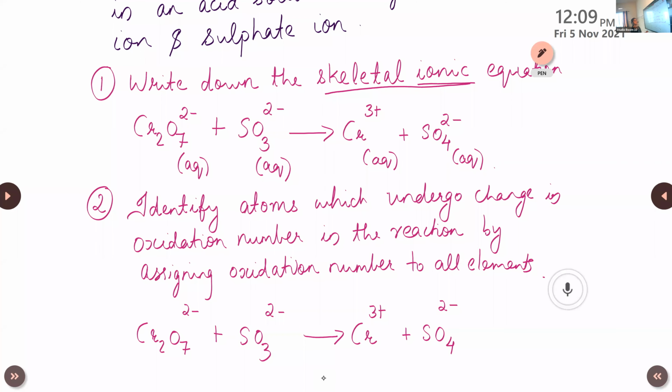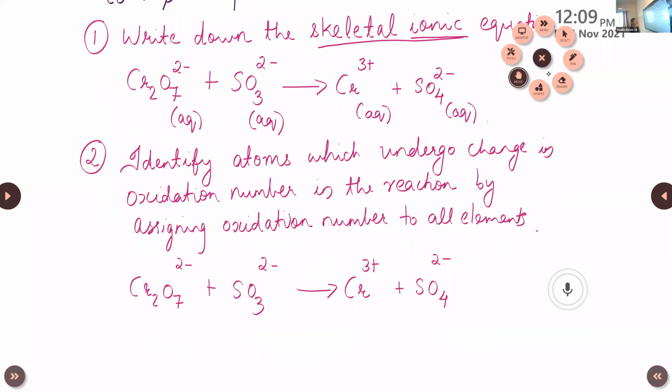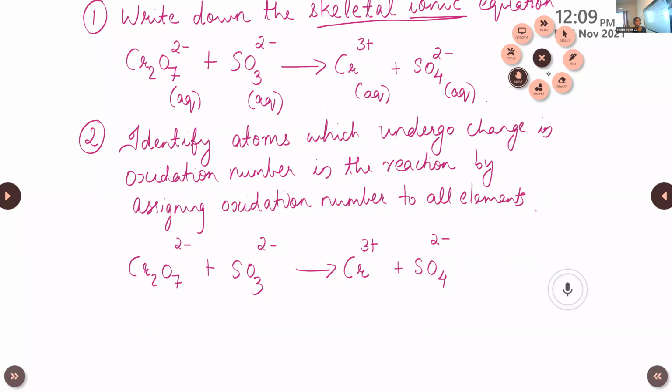So we know the oxidation number of oxygen, right? What is the common oxidation state of oxygen? It's -2. You have to always remember the common oxidation state of oxygen, that is -2. Then we have to find out the oxidation number of chromium. We know that the sum of the oxidation numbers of all the elements in that molecule or ion will be equal to 0 or the charge.